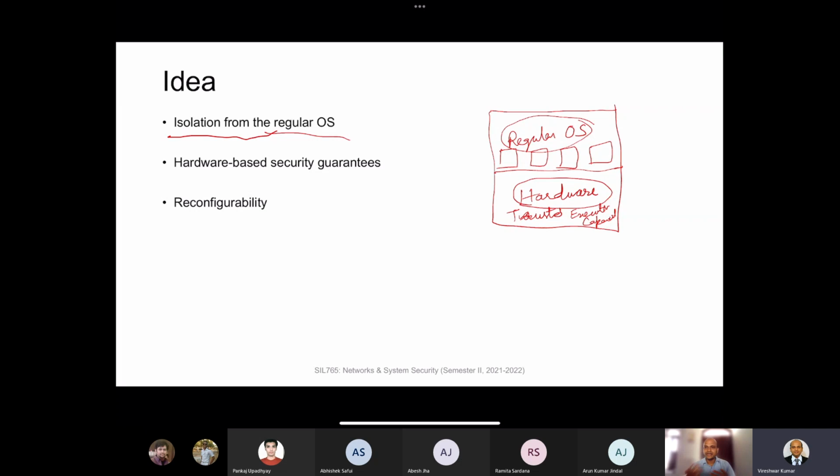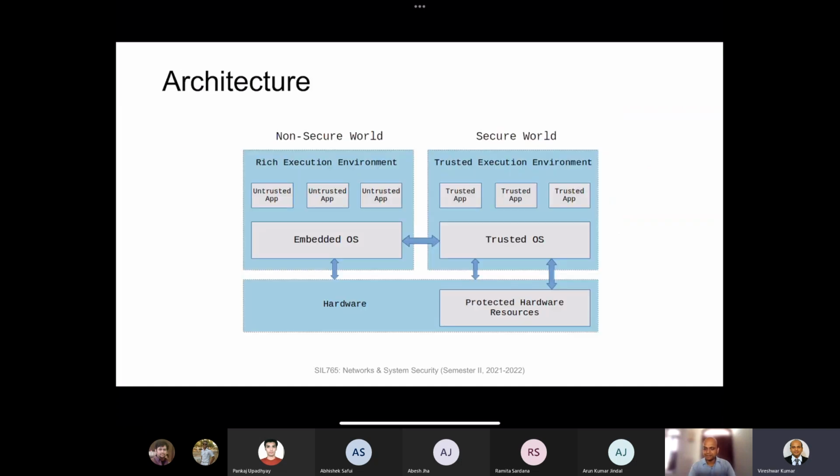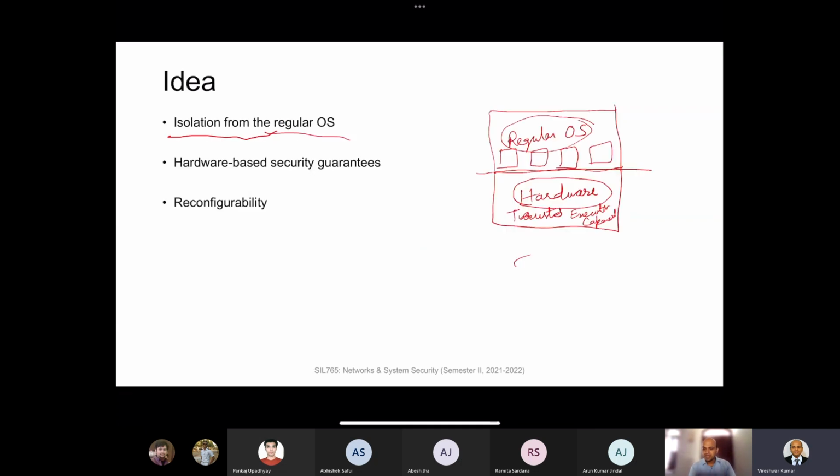This hardware can do a variety of things. The first thing is that there has to be isolation, which means that the trusted execution capability that we are providing in this separate hardware has its own memory and its own processor, so that it can run computations.